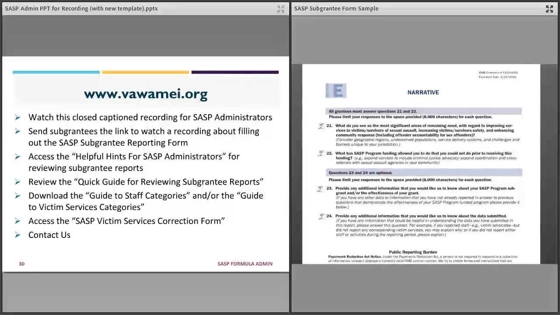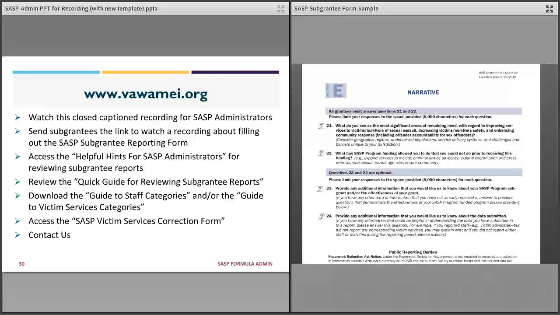Here on the left of the screen is a list of different resources that you might suggest your subgrantees access or that you might access as administrators. There is a closed captioning recording for the SASP administrators on our website, vawamei.org. You can send subgrantees the link to watch a recording about filling out the SASP subgrantee reporting form.